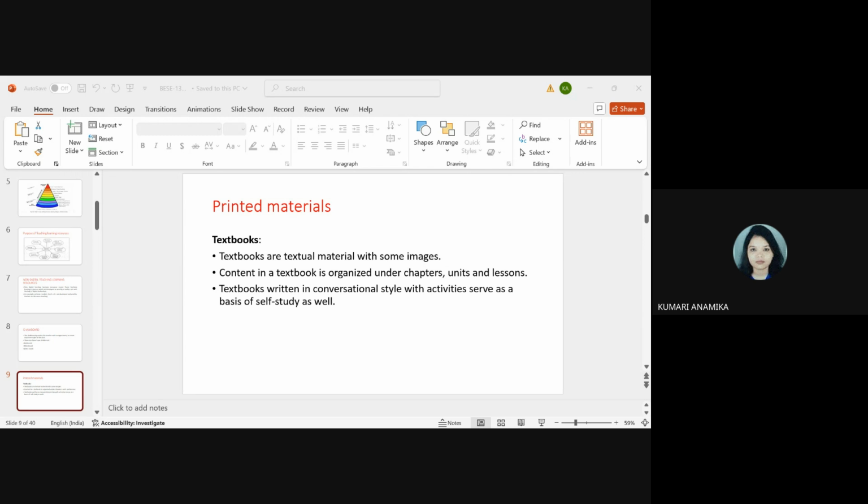So we can say that textbooks are textual materials with some images. Content in a textbook is organized under chapters, units, and lessons. And the textbook, written in conversational style with activities, serves as a basis of self-study as well. When you see the NCERT textbook, the textbook has so many activities.